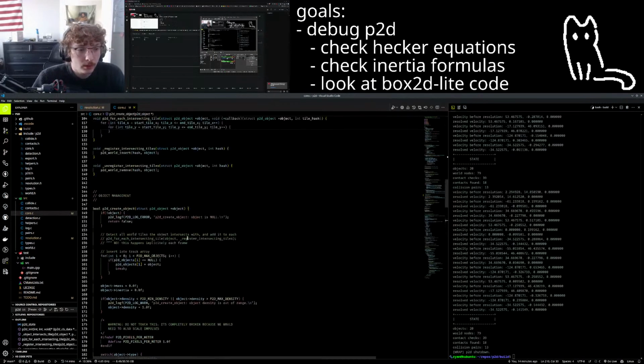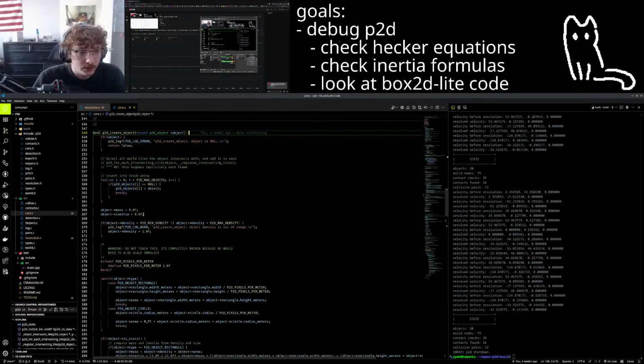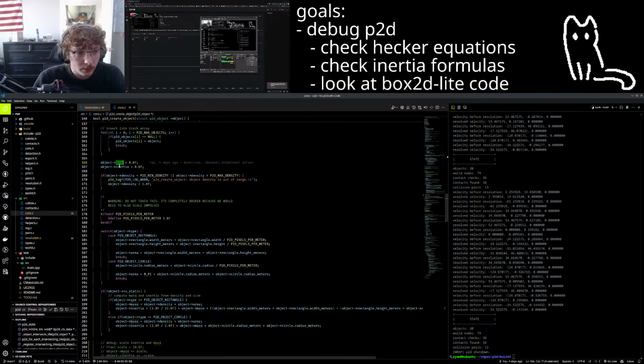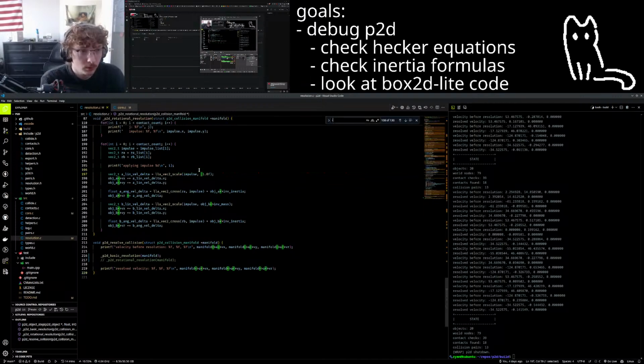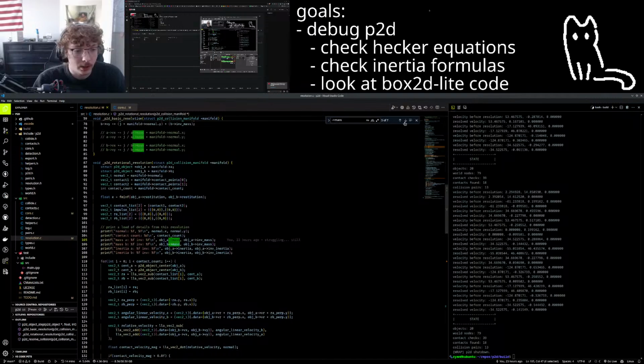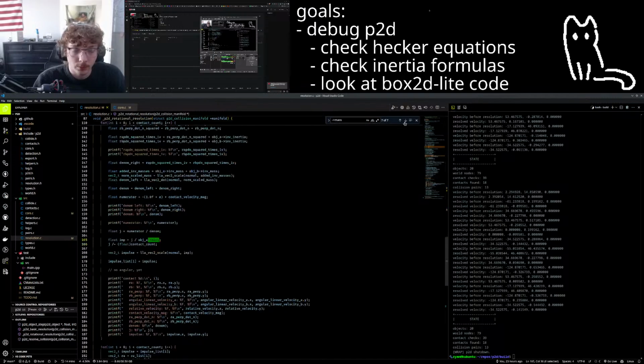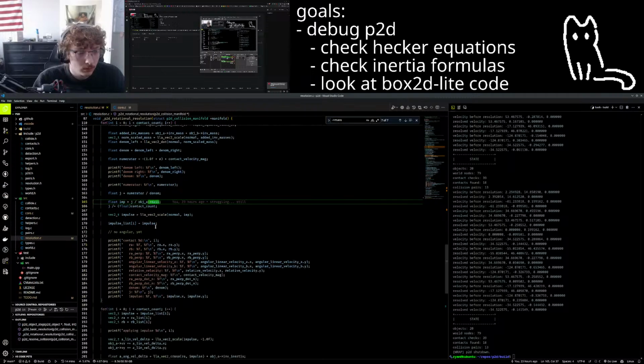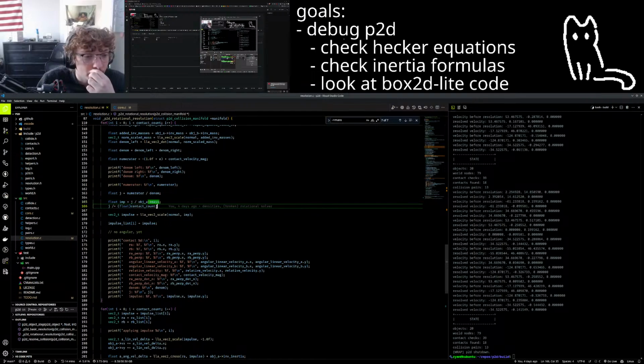So when we create an object, initially the mass and inertia is 0, which maybe stands out to me right now because we don't want to work with that directly, and I don't think we do. We work with the inverses. This is actually potentially wrong.